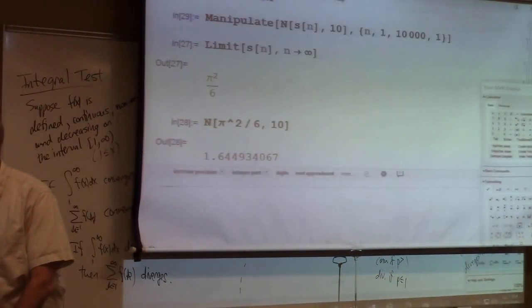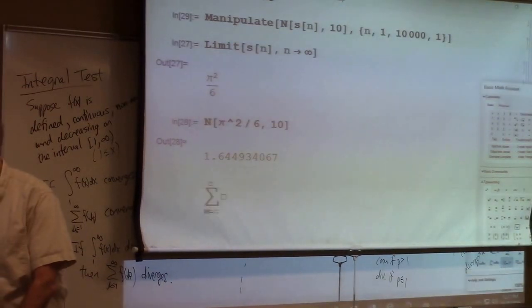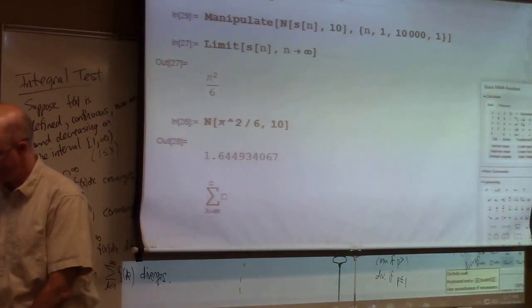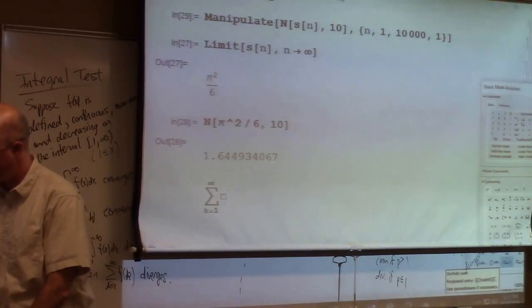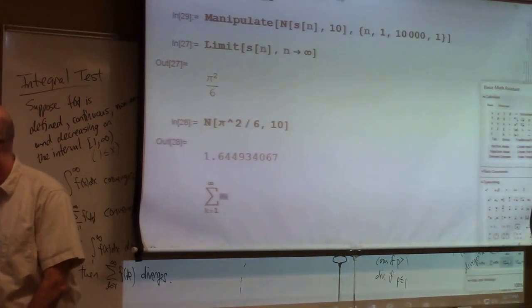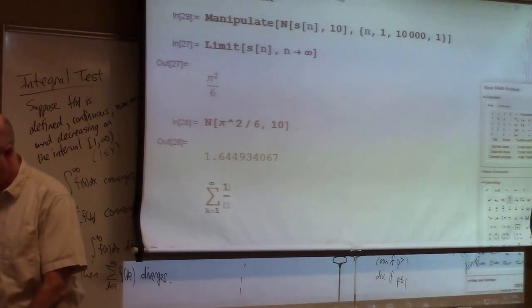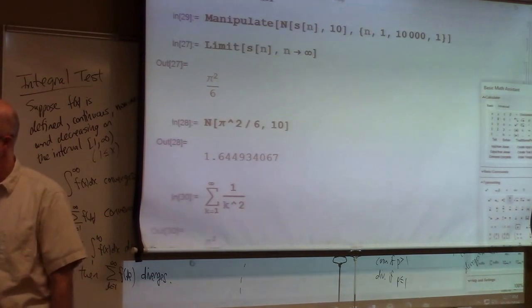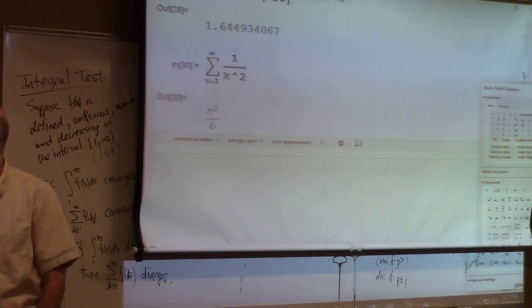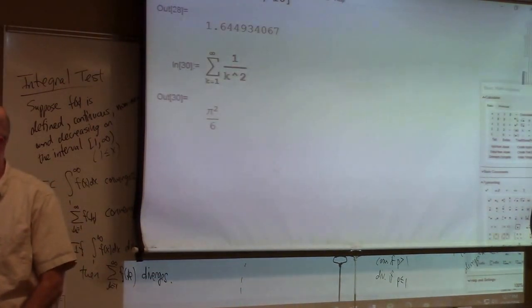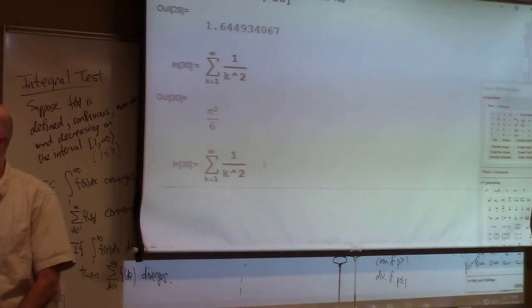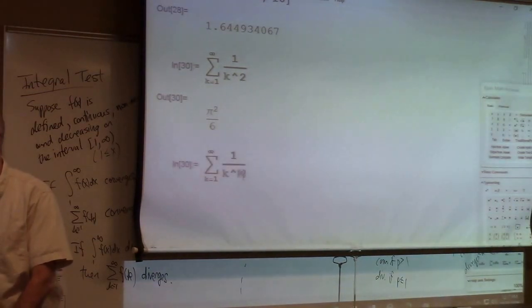It is interesting that if p happens to be an even integer like 2, it can be proved that you always get convergence to a rational multiple of pi to the same power.